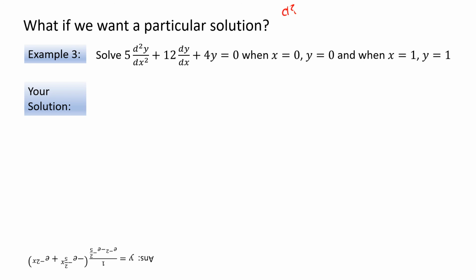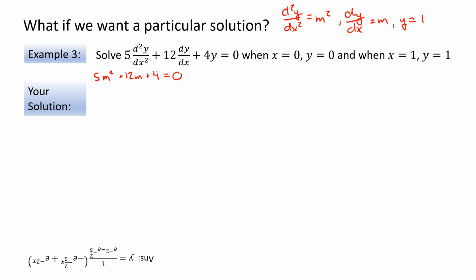We replace d squared y by dx squared with m squared, dy by dx with m, and y with just a 1. So if we do that, we get that we have 5m squared plus 12m plus 4 is equal to 0.